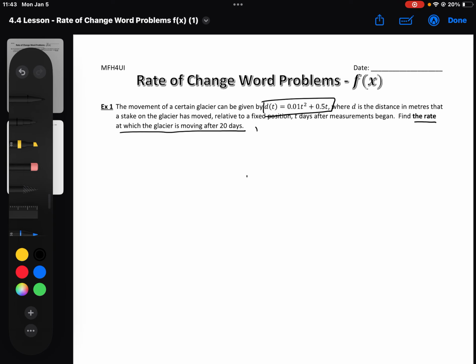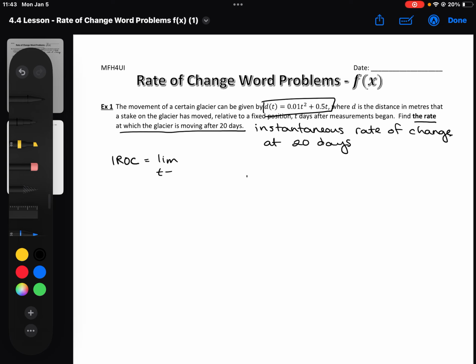So here we're going to find our instantaneous rate of change at 20 days. So we're going to use our IROC formula, or instantaneous rate of change. This is also the slope of our tangent.